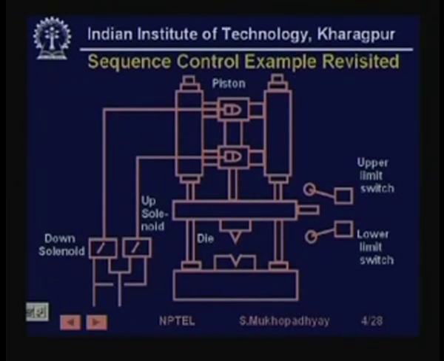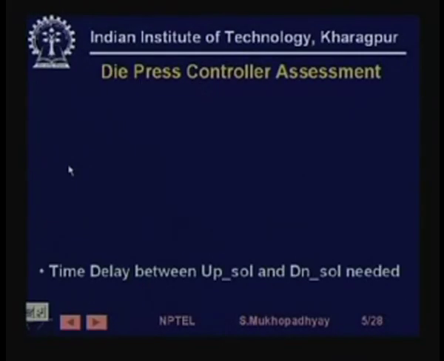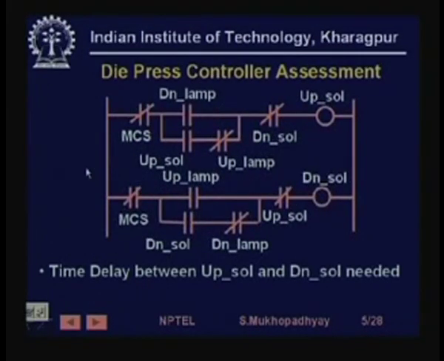And there are two sensors, namely the upper limit switch and the lower limit switch, which sense the end positions of the die. So we take a look at the earlier solution which we proposed in an earlier lesson.